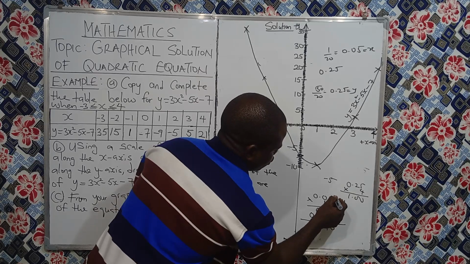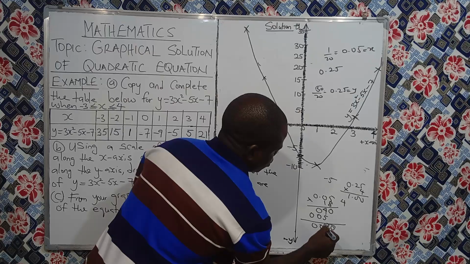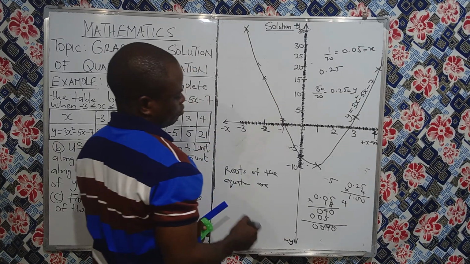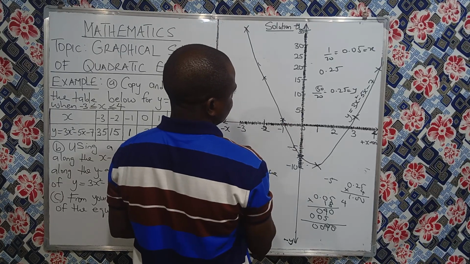We shift, 1, 2. That's 0.9. The first answer is 0.9.